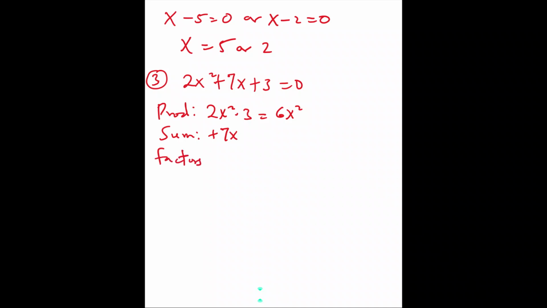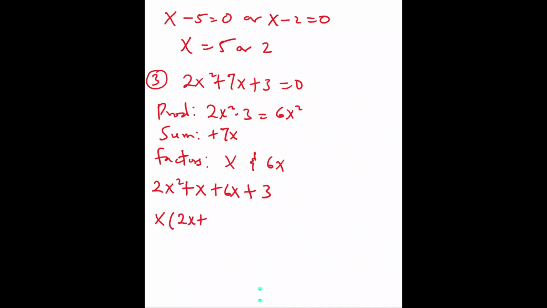And the factors will be, if we do x times 6x, 6x squared, x plus 6x will give us 7x. So the factors will be x and 6x. Okay, so let's write it in between it. So that will be 2x squared plus x plus 6x plus 3.